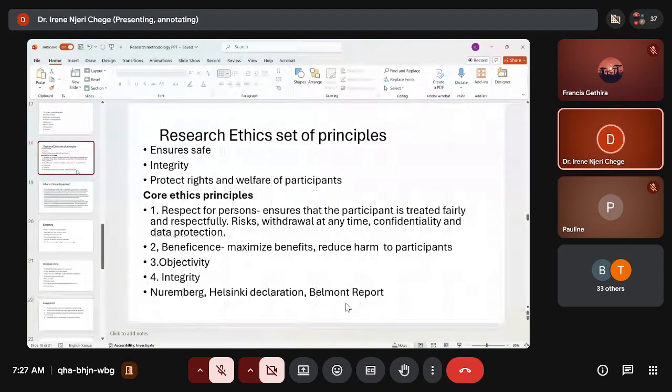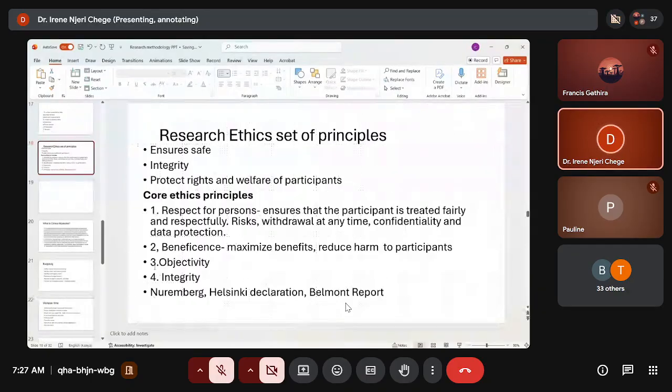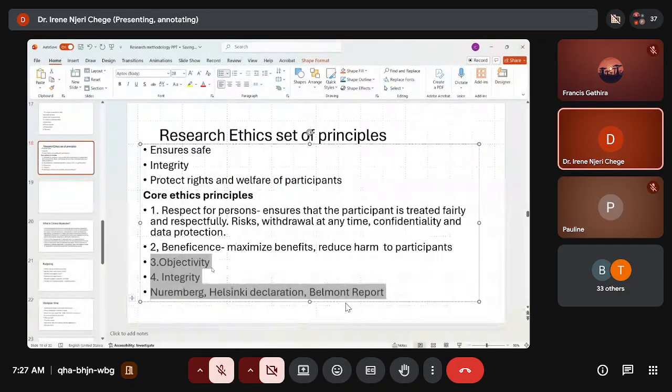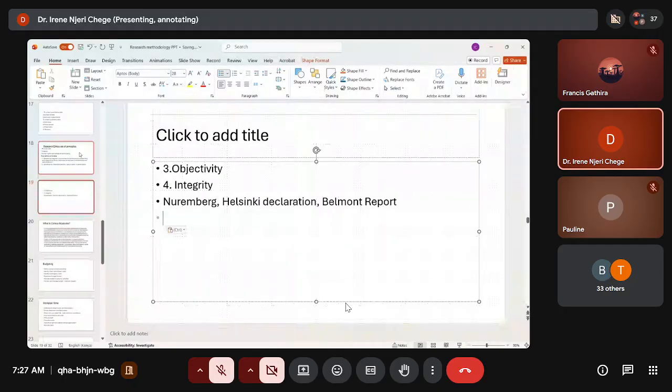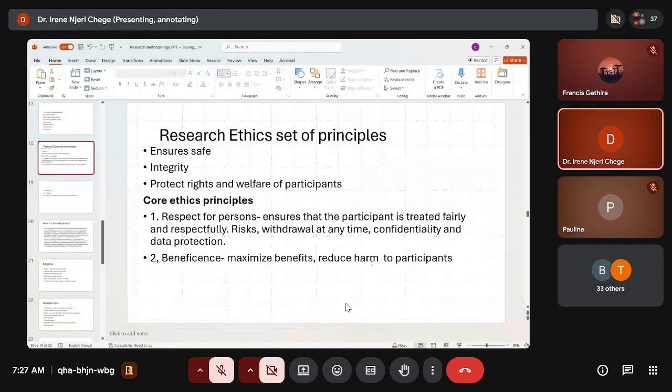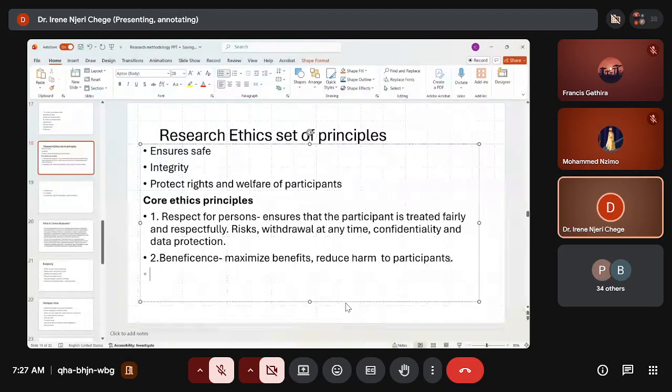Let me introduce another slide and reduce this. I just want to talk about benefits down here. So some of the benefits that we can talk about are, for example, you want to increase knowledge in some disease.